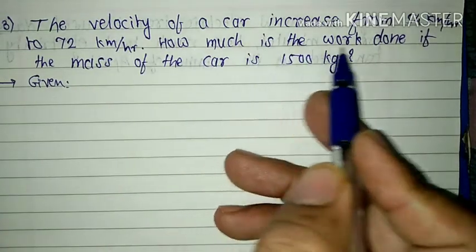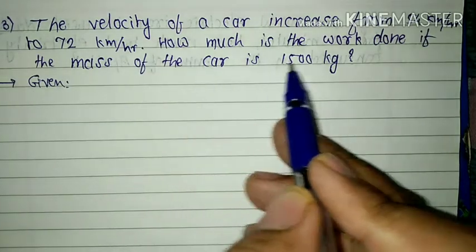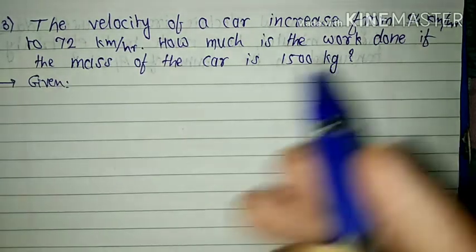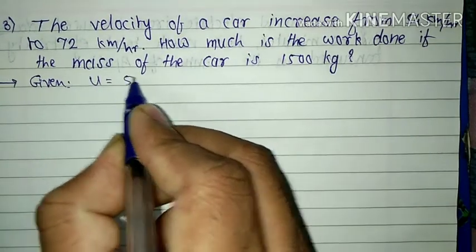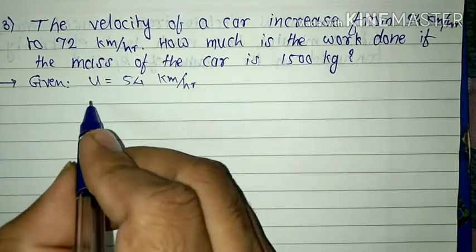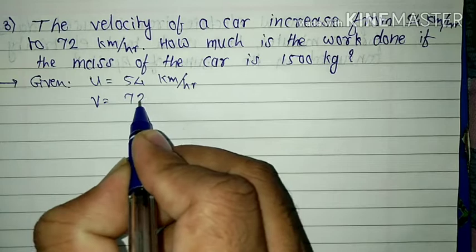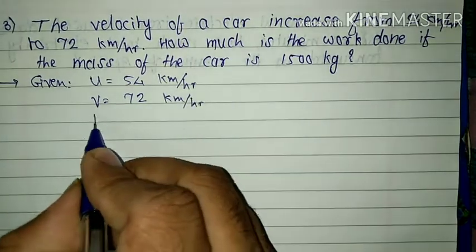How much is the work done if the mass of the car is 1500 kilogram? Now given initial velocity is 54 km per hour, final velocity is 72 km per hour, and mass of the car is 1500 kg.